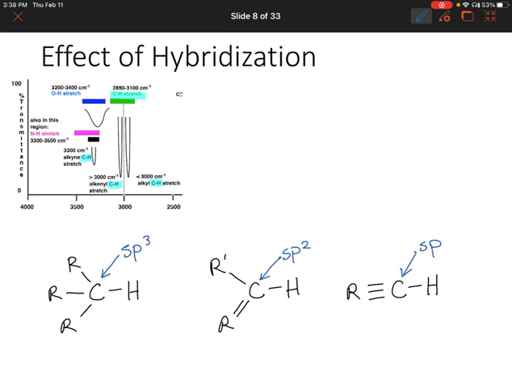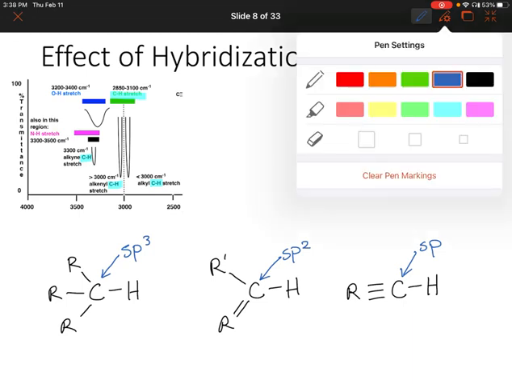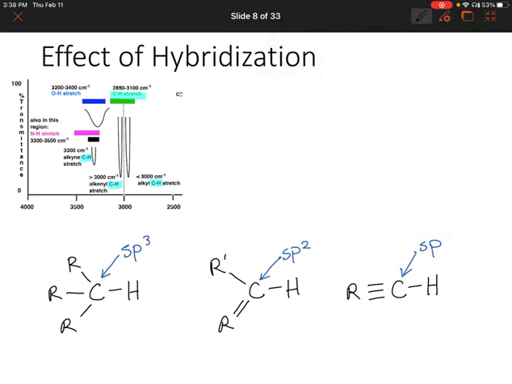All right, so let's think about what an sp3 orbital looks like. So it has 25% s character and 75% p character. So this hybrid orbital is pretty long, which means that electrons are kind of far away from the nucleus, potentially.